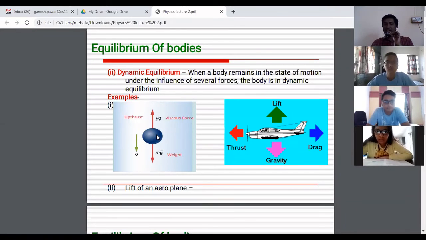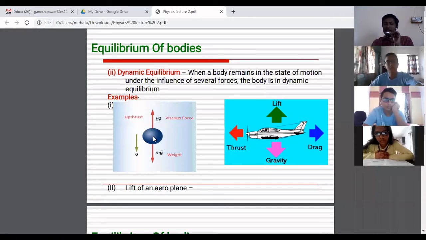Second, when the raindrop is coming downward, it is exerting a force on the air, so the air will also exert a force on the raindrop. That is called the upthrust. Everyone knows the meaning of the word upthrust. It is also called the buoyant force.